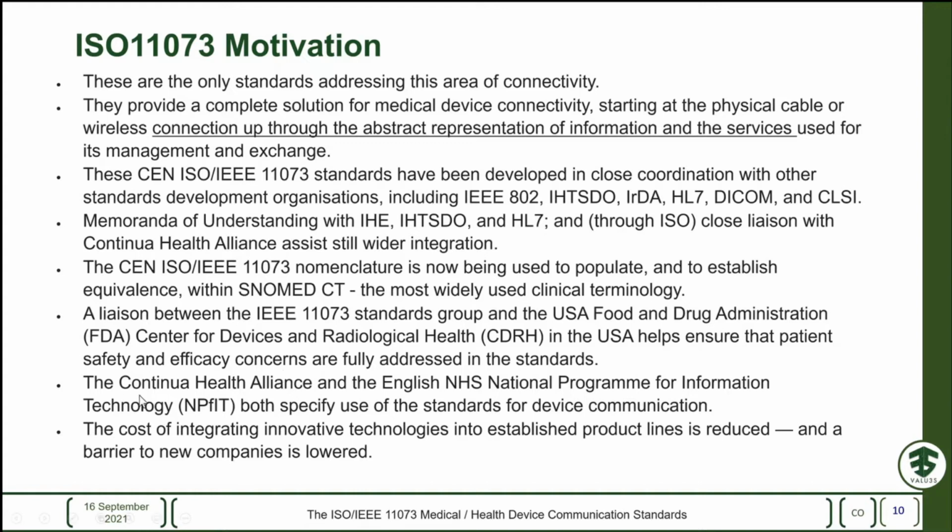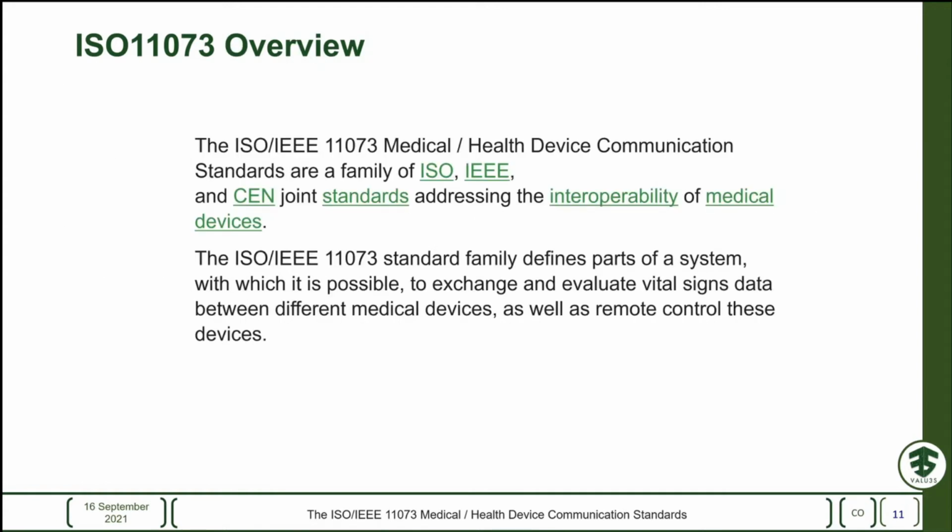The Continua Health Alliance specifies the use and gives you a certificate of compatibility with the norm. So the number of compliant devices is growing, but there is still a long way to go.